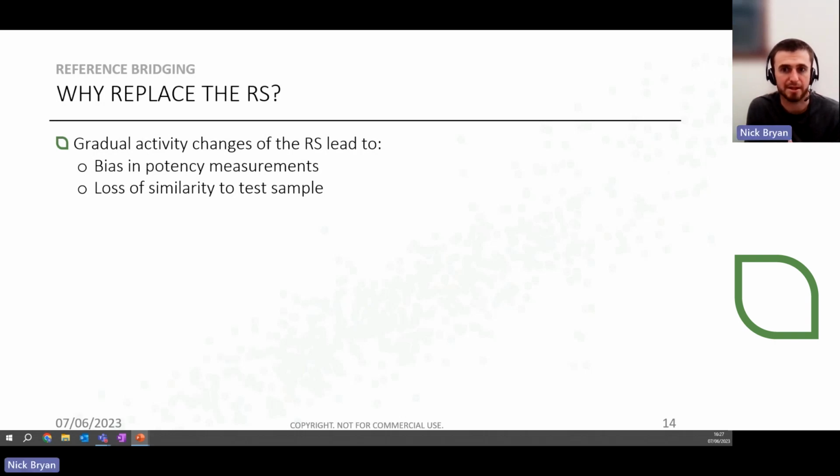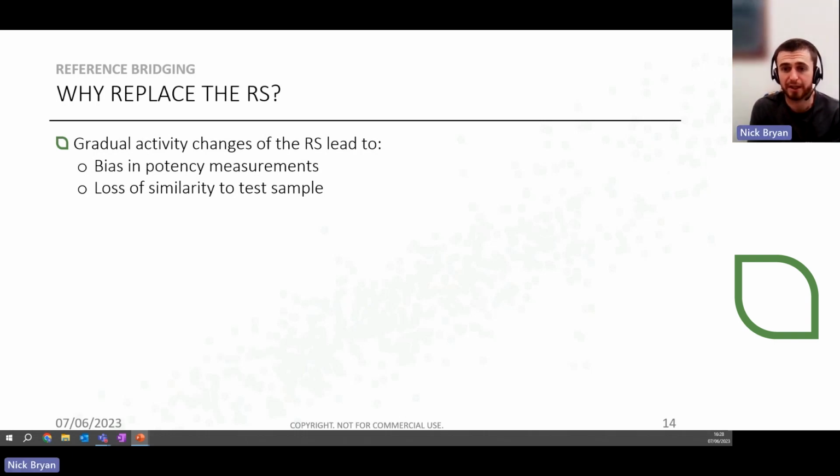So we highly recommend that we think about how to handle changing our reference standard early on, even during development, and definitely before you actually need to, because we can't necessarily predict when our reference standard might degrade or no longer be fit for purpose.